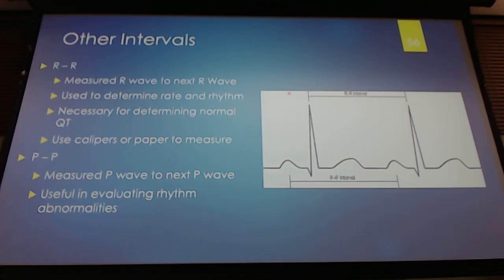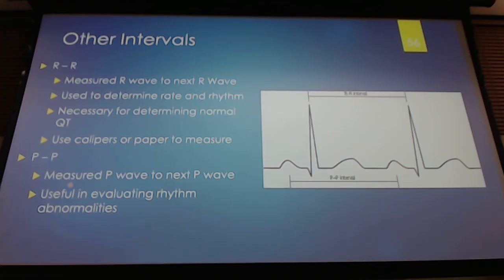Okay, we can do that from R to R to R. We should be able to take our calipers on one R, leave it on the next, then swing it to the next, and then swing it to the next. We shouldn't have to move those calipers. That's how the R waves should be for a regular rhythm. Okay? We use that to determine QT, and that's how the machine uses it to determine that QTc.